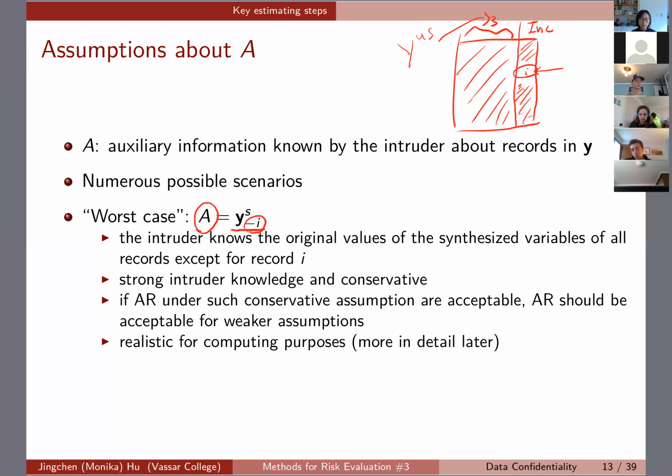Bear with me, but I agree that at this point this assumption is very strong. We call it worst case because the intruder wouldn't know much more beyond this; this is all the intruder could have known. If the intruder is trying to guess the value of this yi, we assume that the intruder knows everything else.